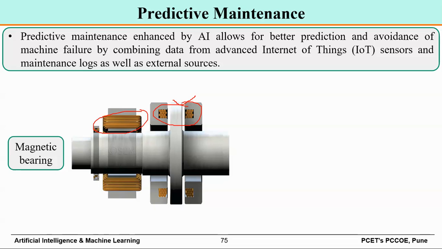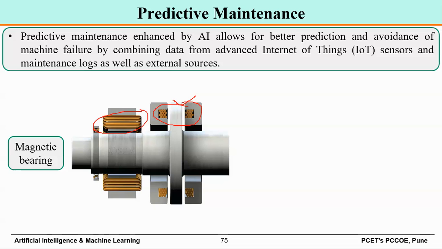Because if the axial movement is beyond 20 micron, something may happen, an accident may take place. So the system will take care of that. Similarly with the radial movement, again there is a cutoff: if radial movement is beyond a certain value, let's say 50 micron, then automatically your system will stop that shaft.